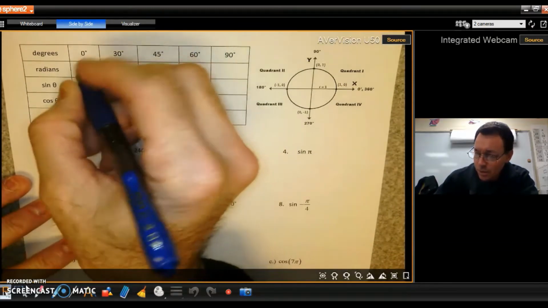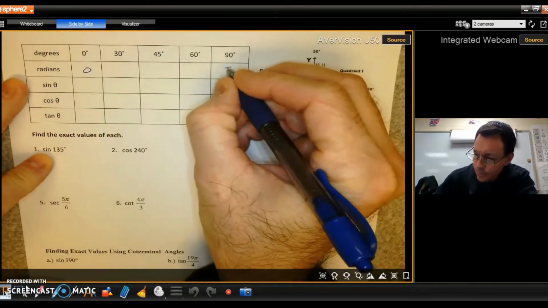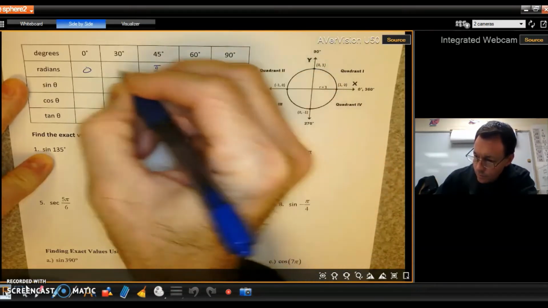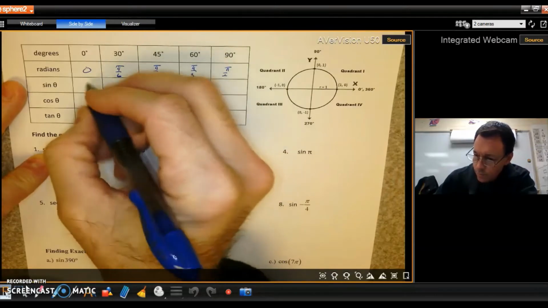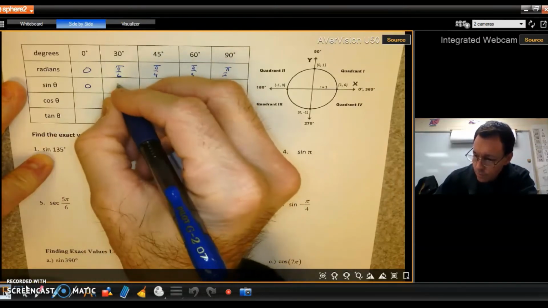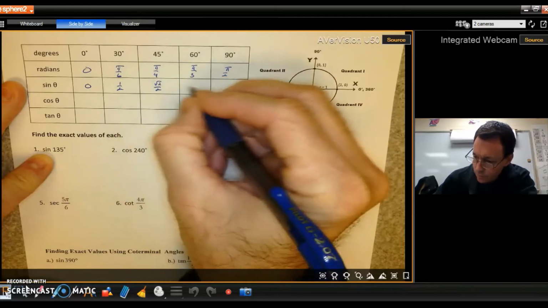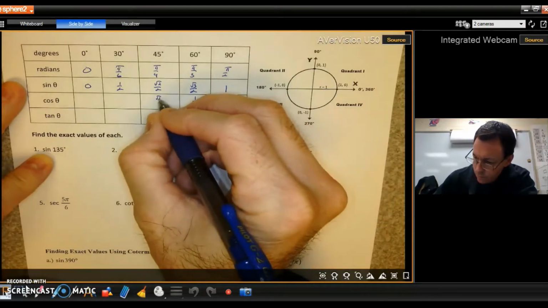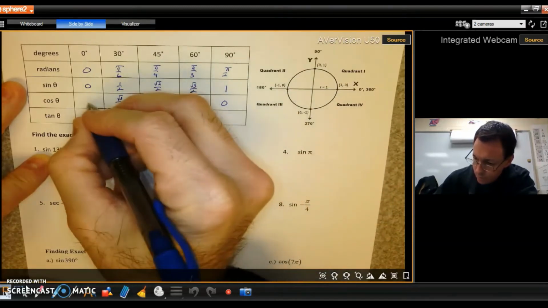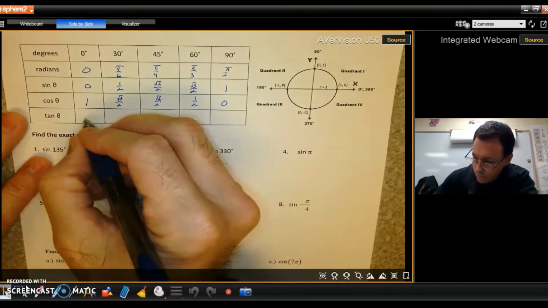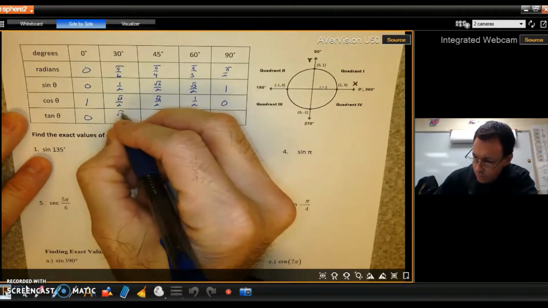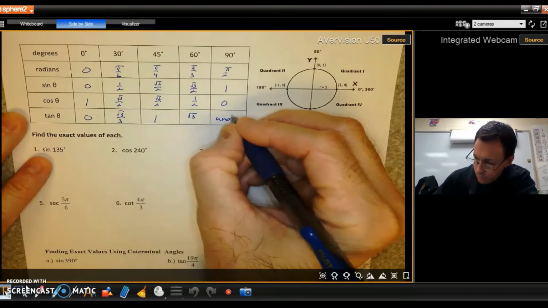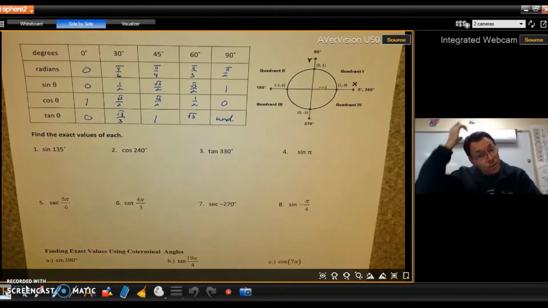If you get stuck, you can look up here. Okay, so that's the chart.